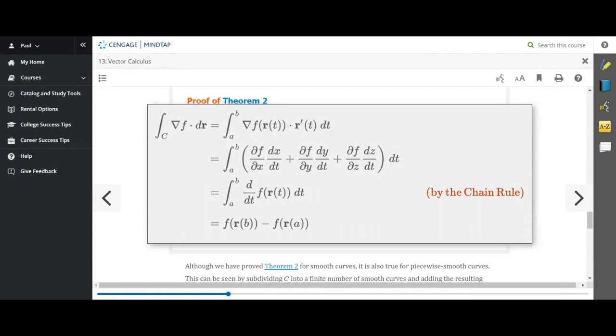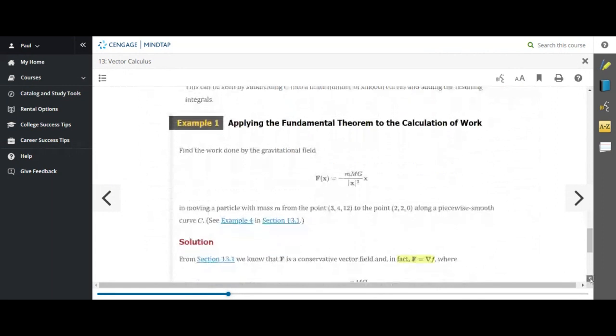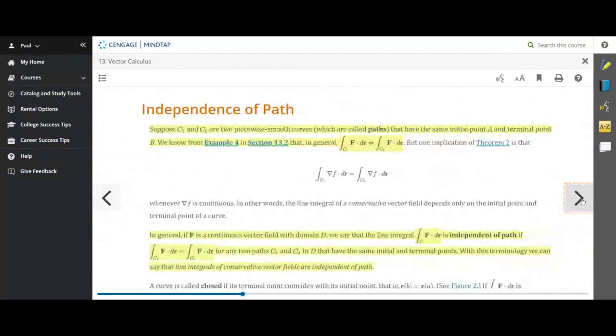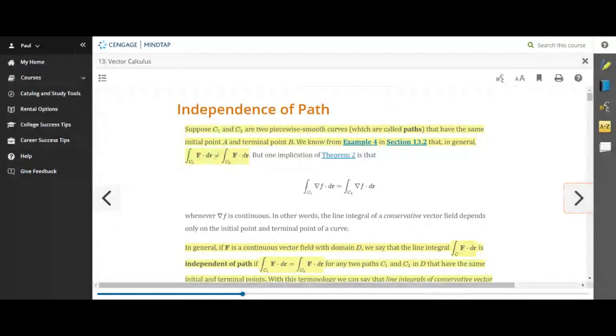So this is really a wonderful, wonderful thing. And it also means what's called independence of path. So let me show you what that means here. Let's say you have 2 curves, paths, that have the same initial point and terminal point. In general, the line integrals for those vector functions along the 2 different paths are not equal.